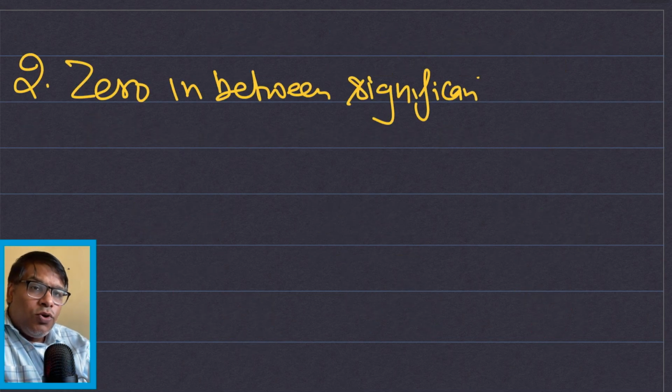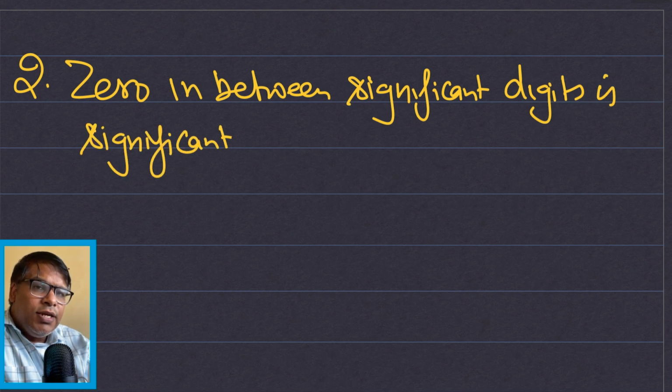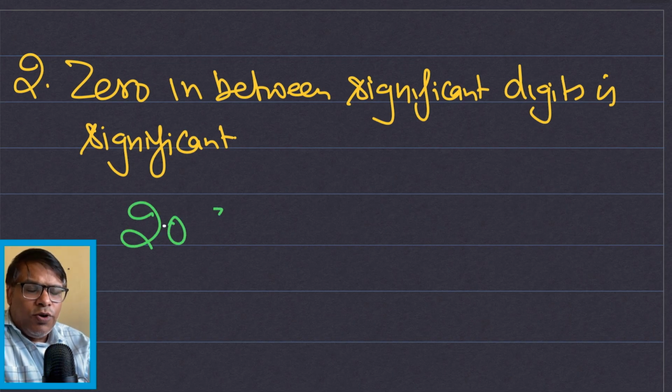Quite easy. Now there is another rule also: 0 in between significant digits is significant. When you have a 0 placed in between significant digits, it becomes significant. Let's suppose you have the number 2051. The digits 2, 5, 1 are non-zero, so they are significant.